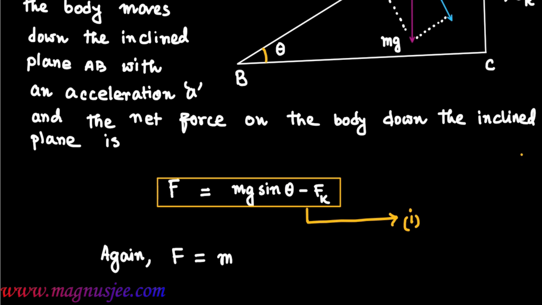Again, we know that net force is the product of mass and acceleration. So F is equal to m into a, which is equation 2.